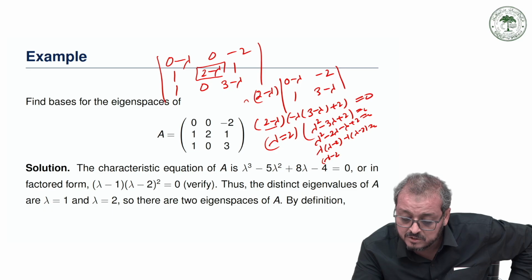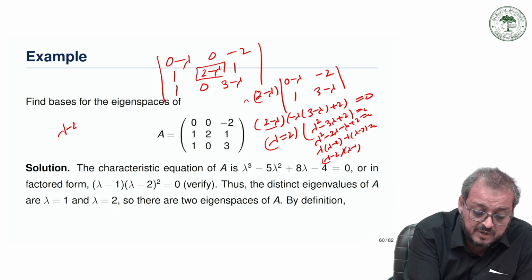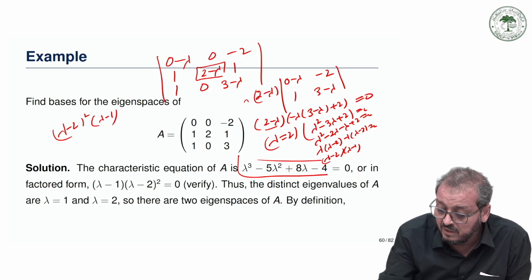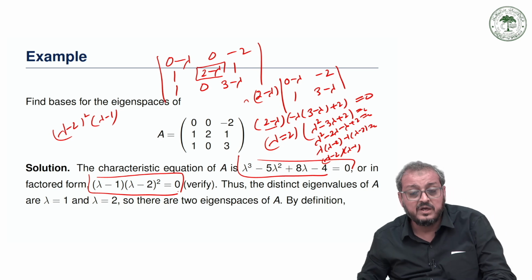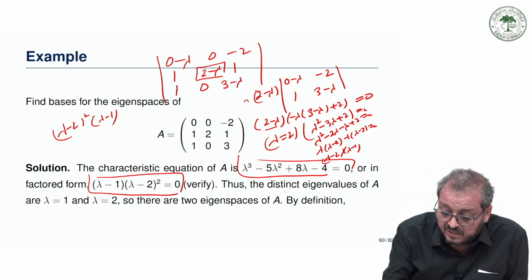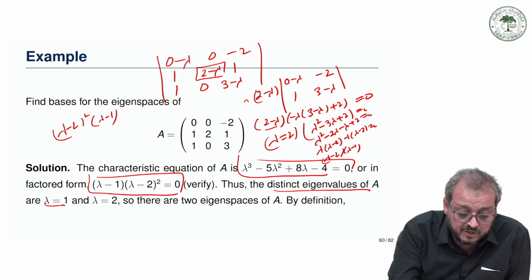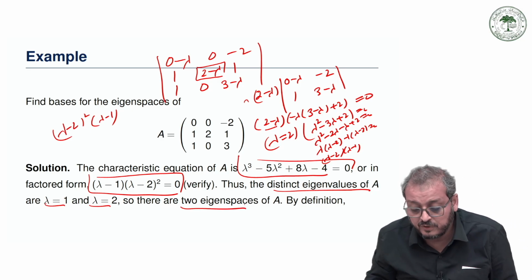So this is lambda minus 2 and lambda minus 1. So the roots are lambda minus 2 whole square and lambda minus 1. So there are distinct eigenvalues lambda is equal to 1, lambda is equal to 2. There are two eigenspaces for A.